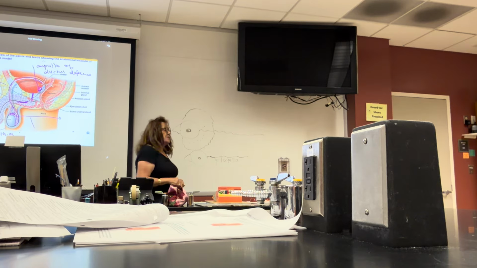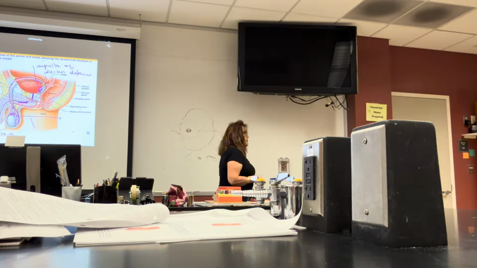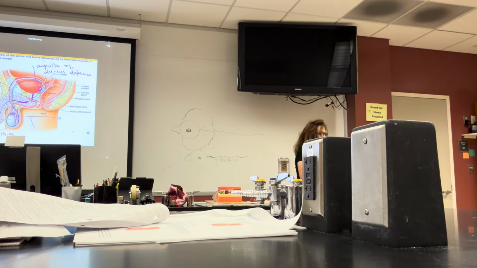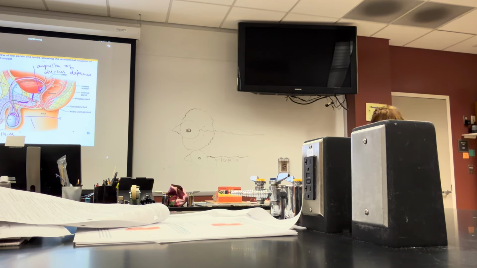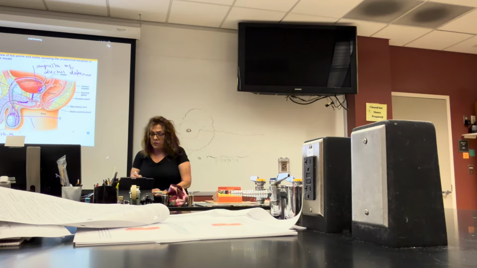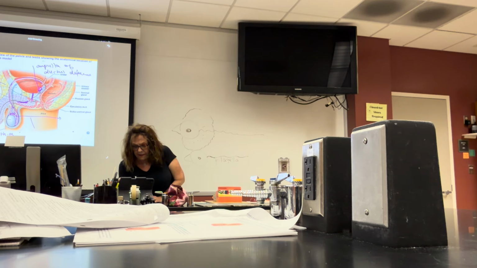Now, the glands of the male reproductive organ are three. The seminal vesicle is responsible for production of most of the seminal fluid. And if you don't know, semen and seminal fluid are two different things. Semen equals seminal fluid plus sperm.